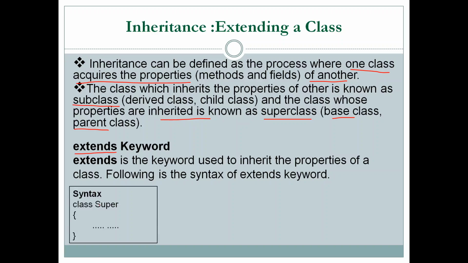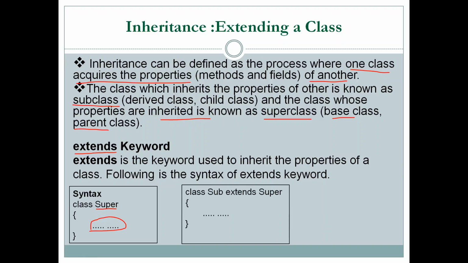Okay, we have a class, say class super, which is having some properties. Then if we want another class to inherit this superclass, we can define the subclass like class sub.